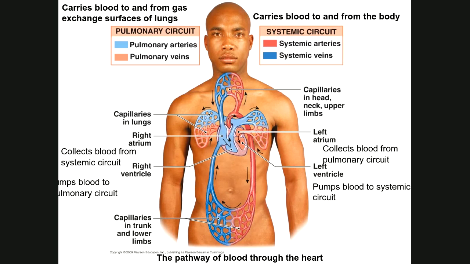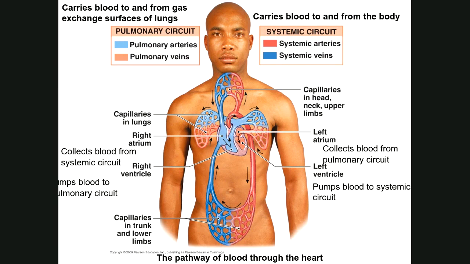So when you are talking about the heart, you have to think about the two circuits. This is the pathway of the blood through the heart. We have the systemic pathway that carries the blood to the rest of the body, and we have the pulmonary circuit that will carry the blood to the lung.